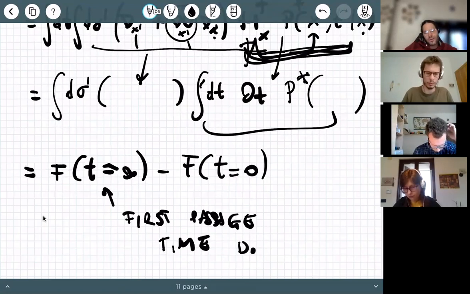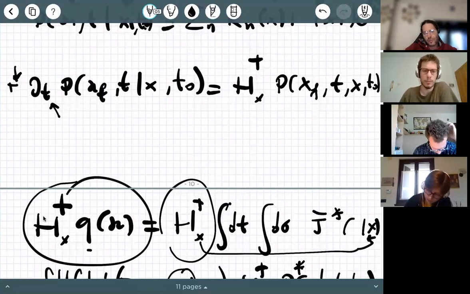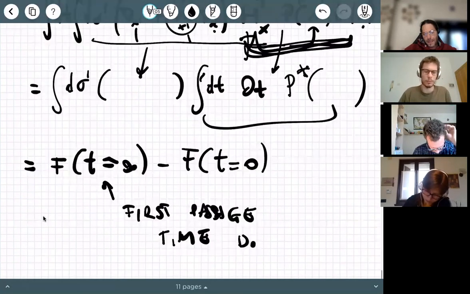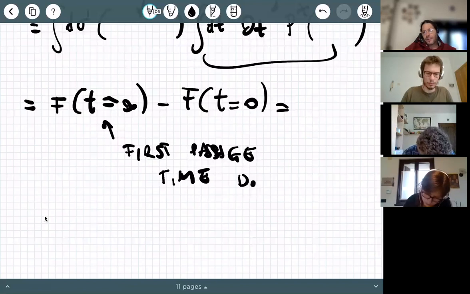So what we discovered is that if I apply the backward Kolmogorov operator on the committer, I get a difference between the probability of performing a transition for the first time at infinity, negative the probability of performing it the first time at the initial time. Now, if you're ergodic, what is the probability that the first time you touch the fence is at infinity?